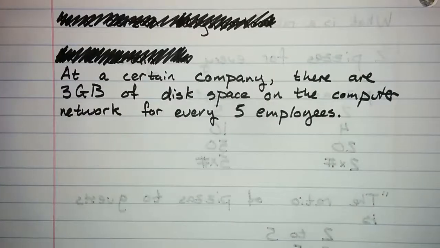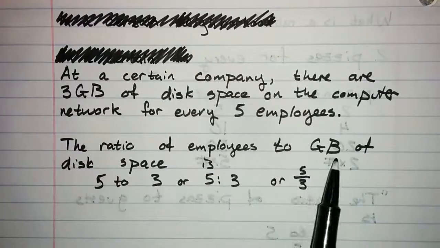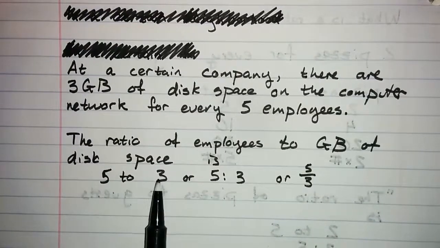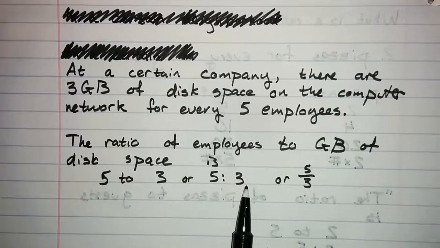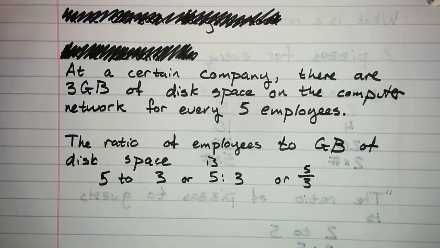Let's take a minute to look at how we actually write down a ratio, and in particular, how we describe the ratio that we've written down. Suppose at a certain company there are 3 gigabytes of disk space on the computer network for every 5 employees. Then we can write down the ratio of employees to gigabytes of disk space is 5 to 3, or 5:3, or 5/3.